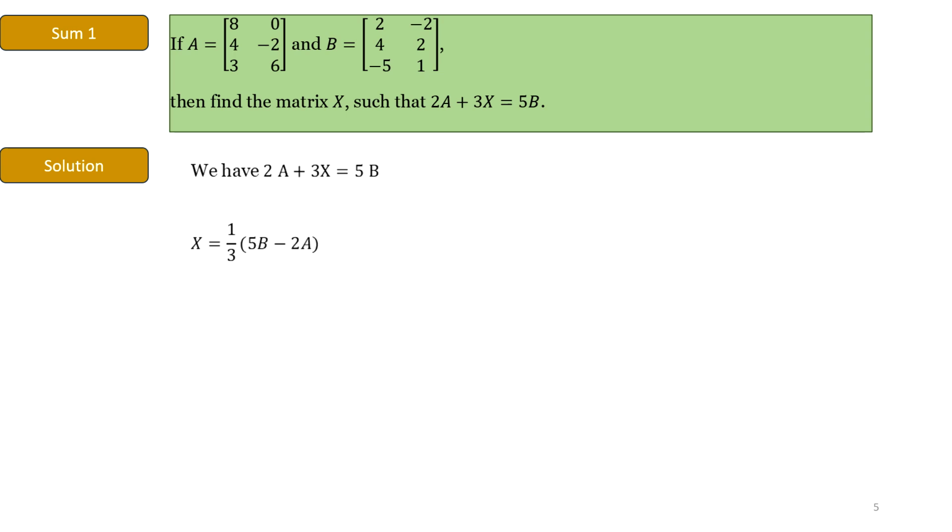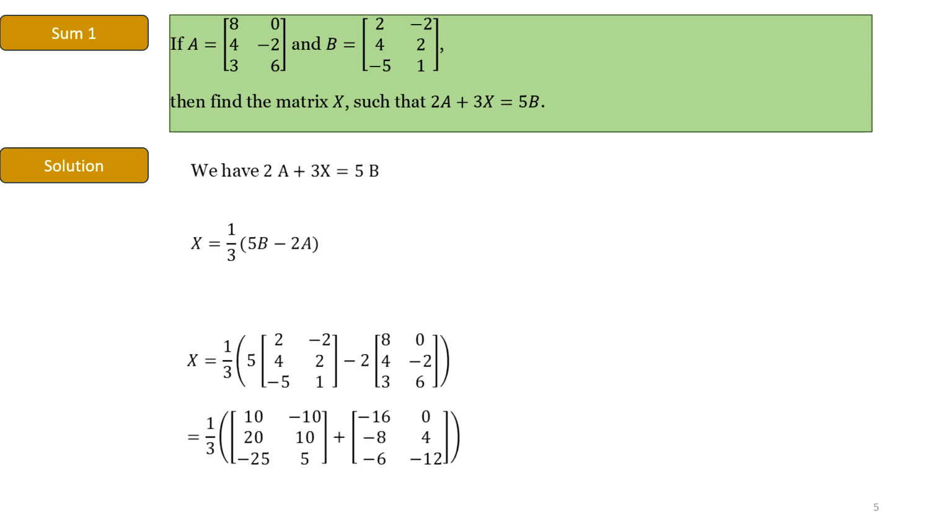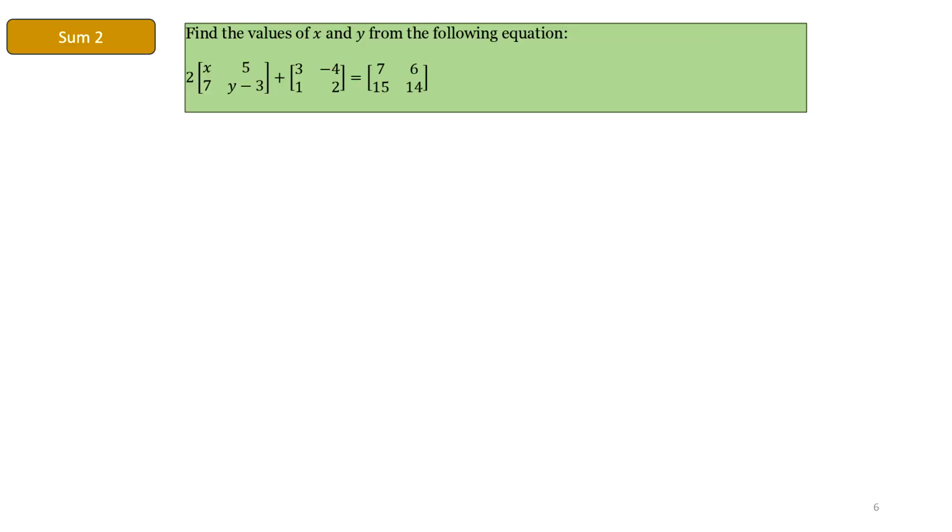Now, replacing the value of matrices B and A in this equation, we get the elements of the matrix X. Find the values of x and y from the given equation.